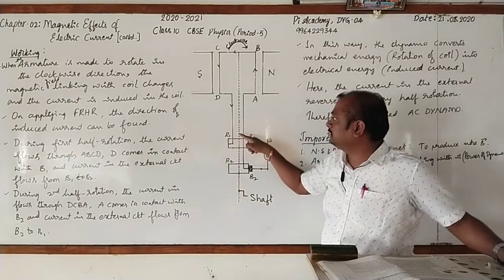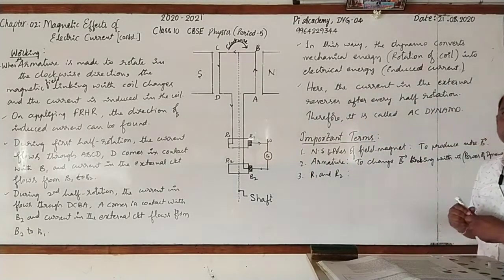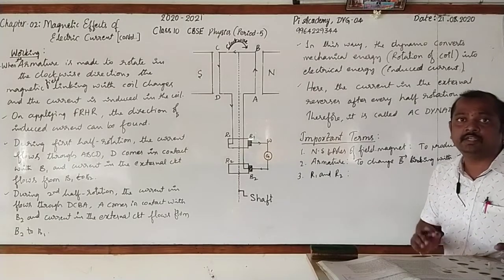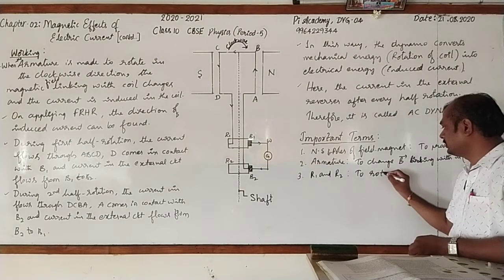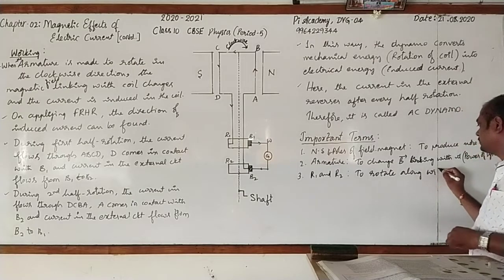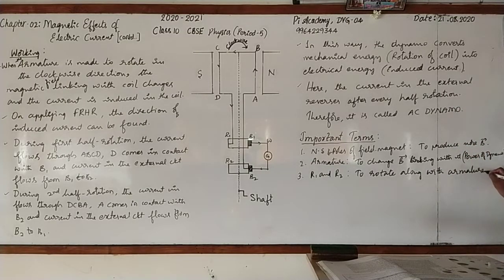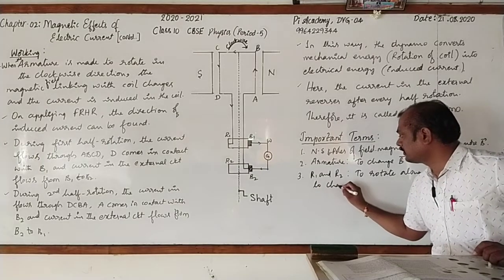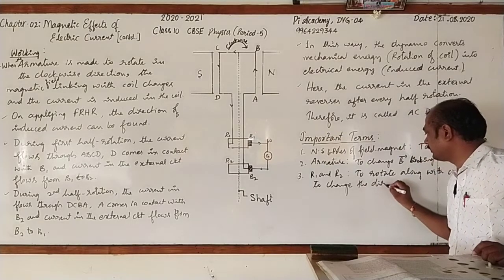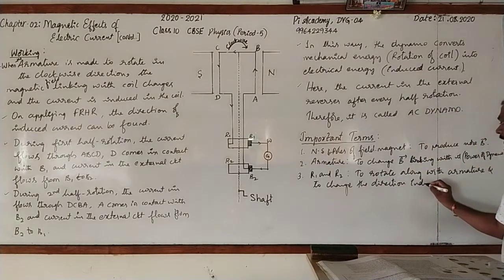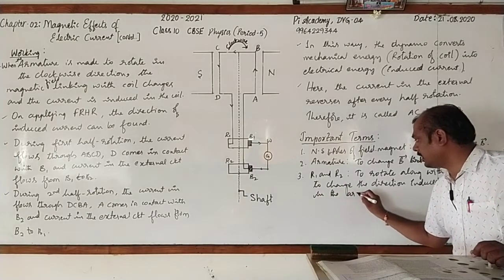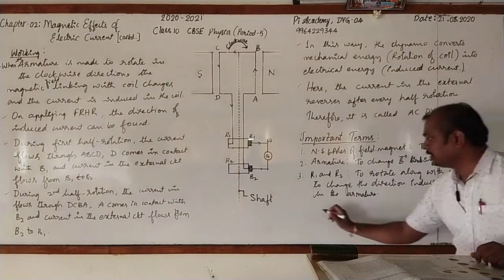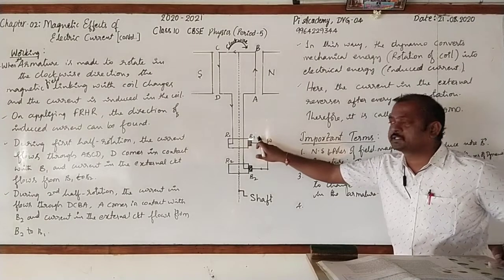First A, B, C, D, then D, C, B, A. So these rings are also responsible for changing the direction of induced current in the armature, which rotates along with the armature, and they change the direction of induced current in the coil, nothing but in the armature. Clear?